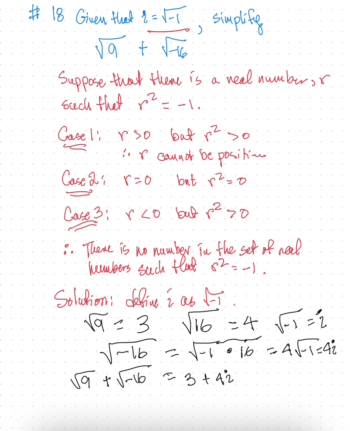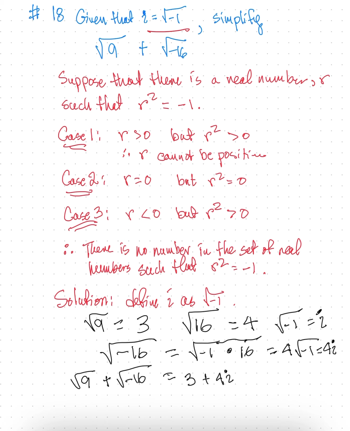So together we have 3 plus 4i, and that is a new type of number. You've seen things like 2 plus root 5 before. This is just the same kind of number, and it obeys similar rules to the arithmetic rules that you have learned already with square roots or cube roots. We don't combine unlike terms.